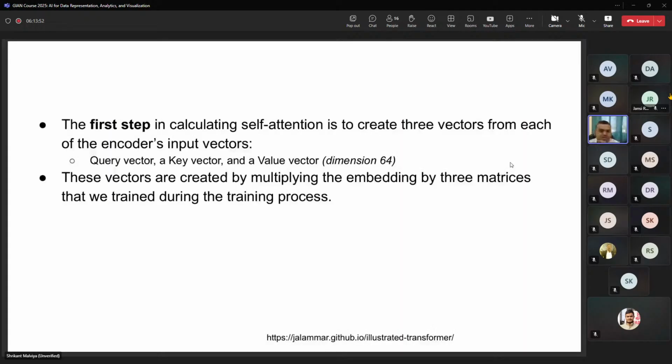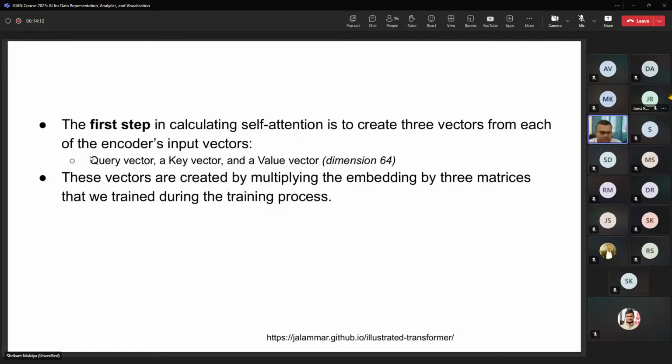There are certain steps to that. The first step in calculating self-attention is that for each word we require three vectors: a query vector, a key vector, and a value vector.